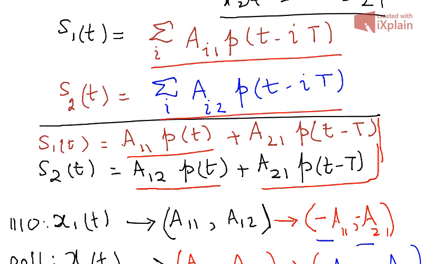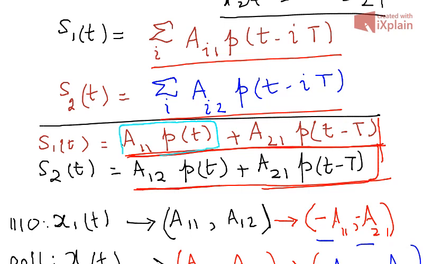With this summation, we already saw this is S1 and this is S2. Whatever we did just now, from the upper branch we generated this one and this one in the first time interval, t between 0 and capital T.